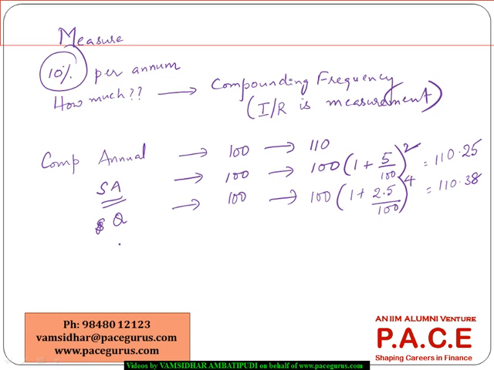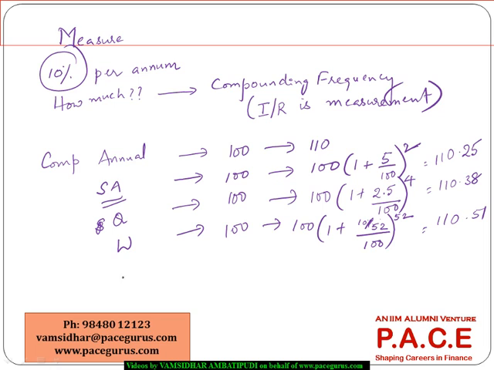Similarly, with weekly compounding, the same 100 becomes 100 times (1 + (10/52)/100) to the power 52, as there are 52 such weeks. So this is going to give you 110.51. Like that, as the compounding frequency changes, the amount which you are going to get at the end of 1 year changes.